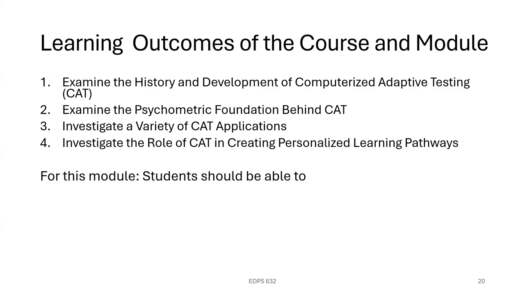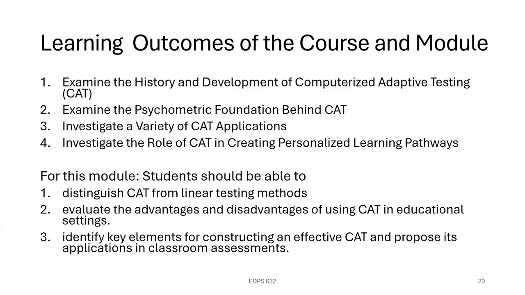And for this specific module, we need to be able to distinguish CAT from linear test methods. The second is to evaluate the advantages and disadvantages of using CAT in education settings. The third is to identify key elements for constructing an effective CAT and propose its application in classroom assessment.